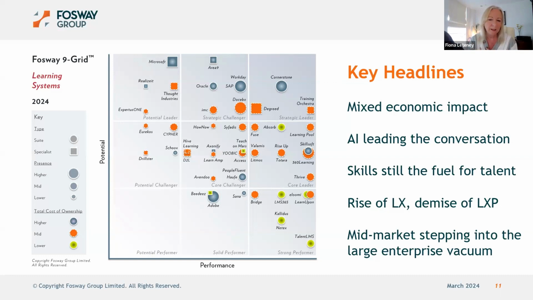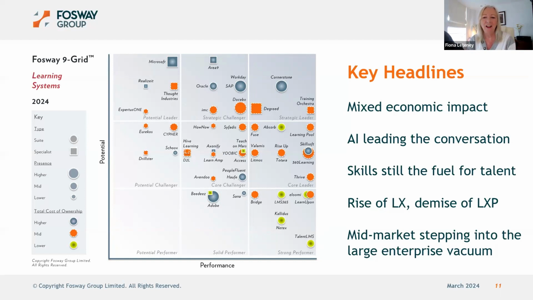It might have been no growth, or sometimes single-digit growth for the customers themselves, but maybe double-digit growth on the revenue side of things. That could be to do with inflation, but it's more likely that those vendors are upselling into those existing customers. So we definitely saw an impact from the economic situation.